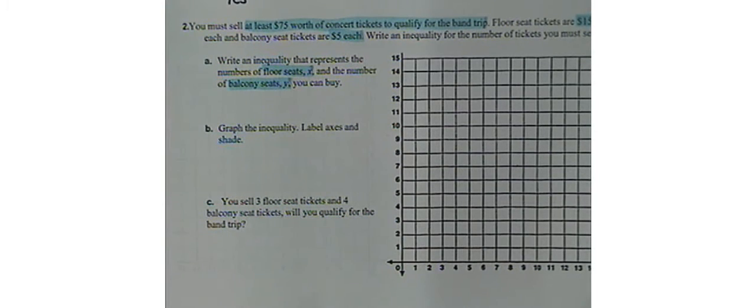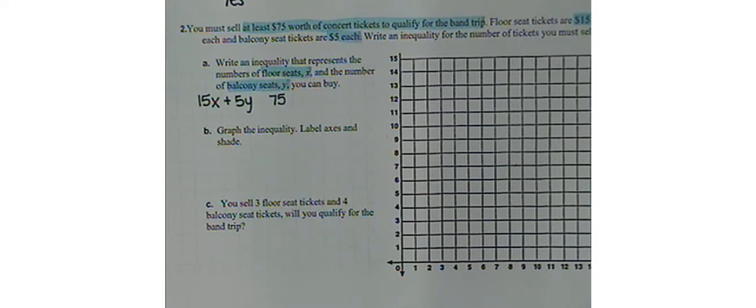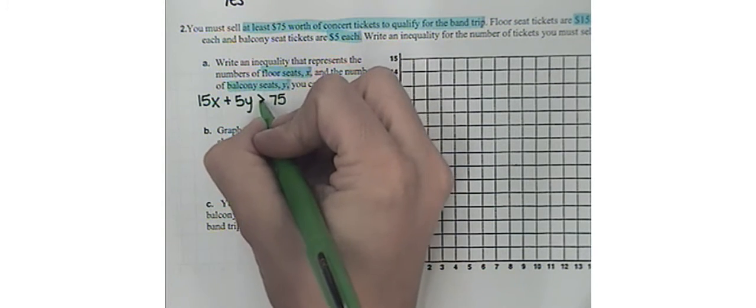Okay, so floor seats are 15 with an x, plus balcony seats are 5 with a y, and I need $75 worth of concert tickets in order to go on the band trip. Now, at least, so 75 or greater, so my sign needs to be the opposite way this time, greater than or equal to 75, because I'm trying to raise money.